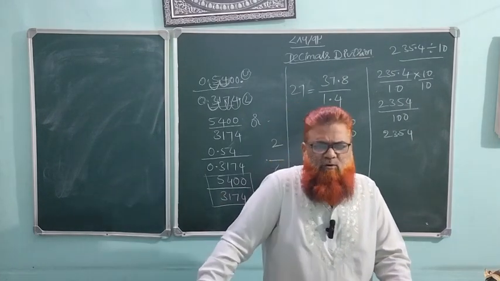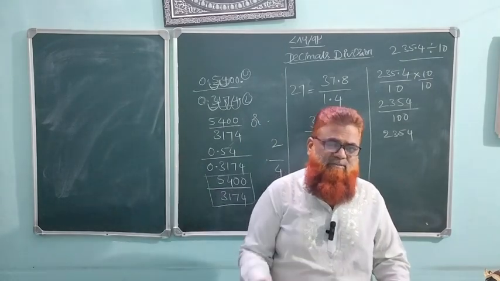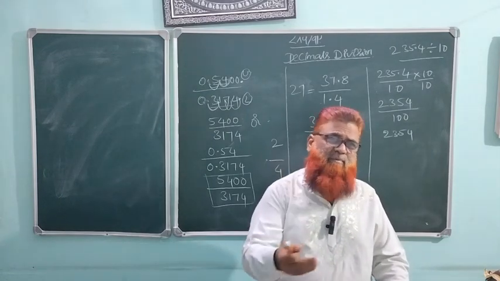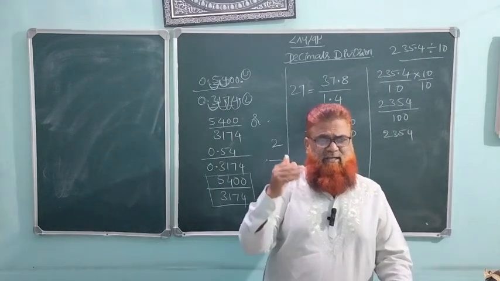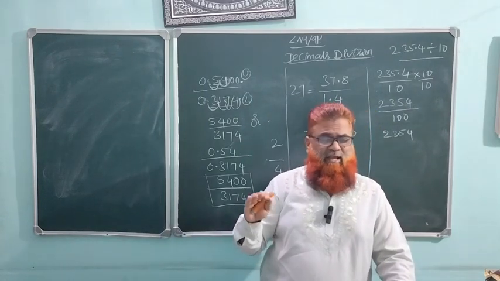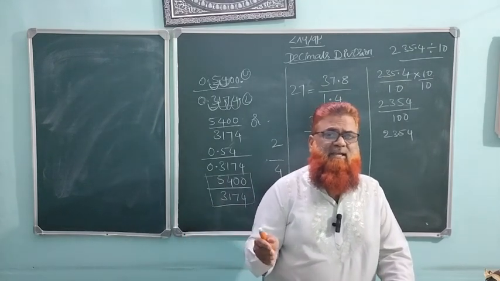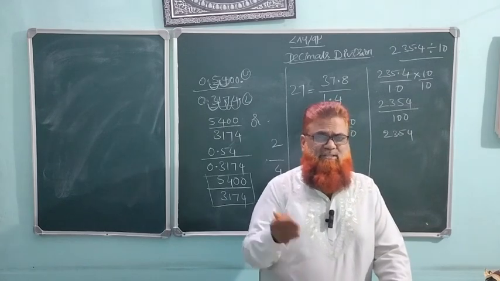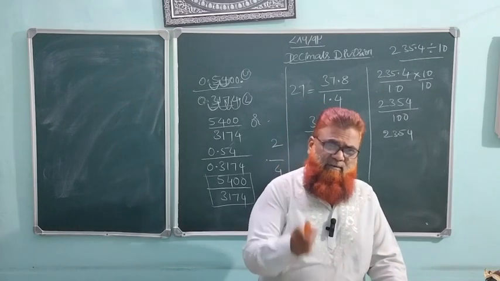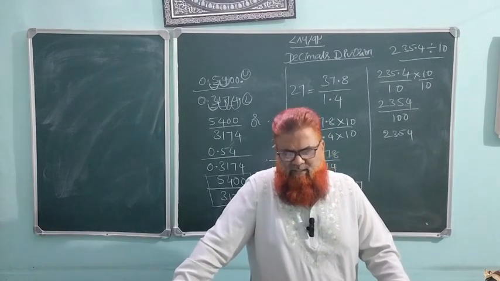We need not panic and we need not worry. The previous examples and these examples that I discussed are sufficient for the division of decimals, whether it is a big number or a small number, whether it is a terminating decimal, a recurring decimal, or the non-ending and never-ending part of our division that we call irrational roots. What are irrational roots? Irrational roots are the roots which are non-terminating and non-recurring decimals. By this way, we can do the division very easily.